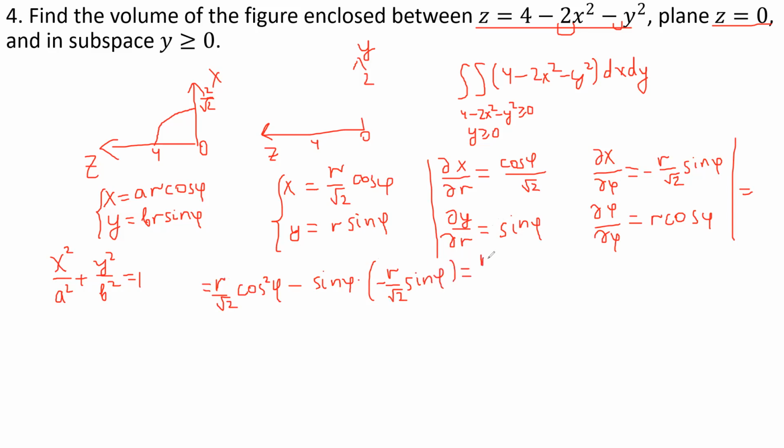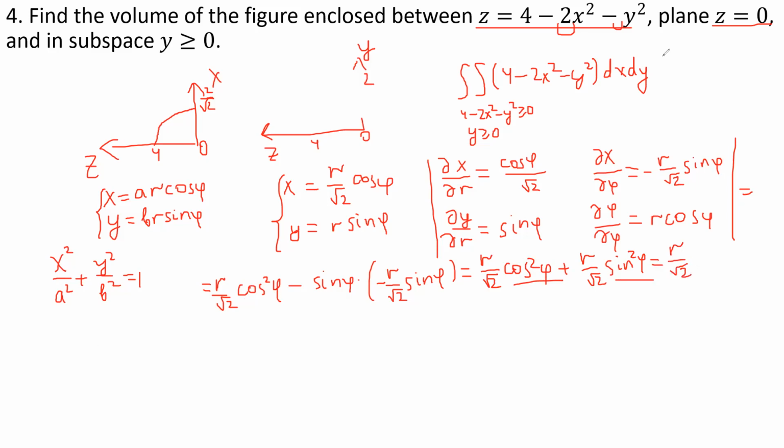So we'll have this thing, and minus times minus gives plus r over square root of 2 sine squared phi. Cosine squared and sine squared give us 1, so we have just r over square root of 2.